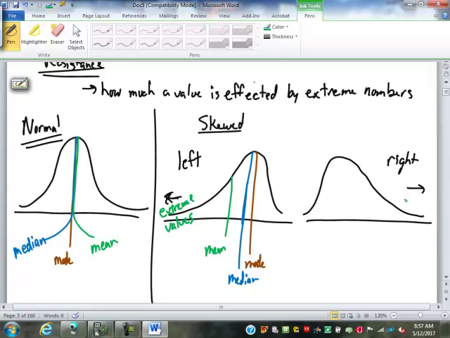If it's skewed to the right, those extreme values are on the right side. Now the right side would be the larger numbers, so that's saying there's a number or two that are way bigger than the rest, causing that. And we get just the opposite effect. The mode is still the highest point. Median moves a little bit towards the skew. And the mean will generally move quite a bit towards the skew.